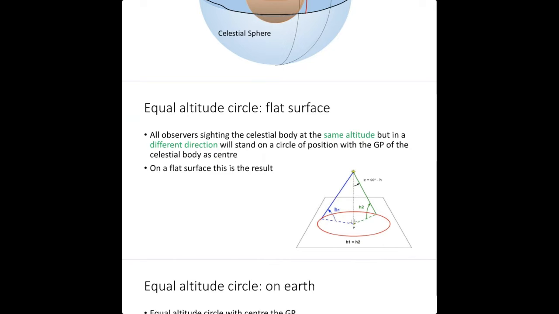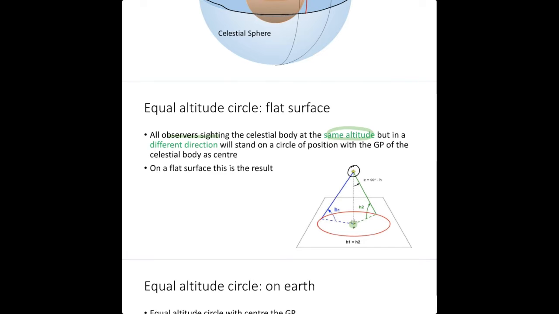Okay, voilà. So, you know that Sumner found out that all ships sighting the sun at the same altitude were all on one line. Okay. In practice, what do we see? We see that all observers sighting a celestial body at the same altitude, but in a different direction, will stand on a circle of position with the geographical position of the celestial body that you're observing as a center. Okay, so what does this mean?